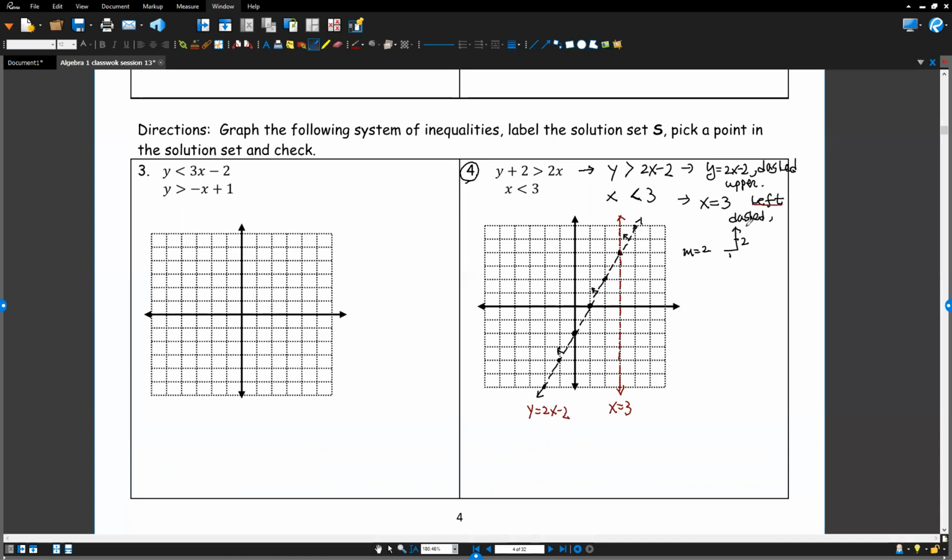But that is left, to the left of it. Where is it? Both. It belongs to over here too. So where is the solution set? It belongs to both, so it will be here. This point is not to the left of this line, okay?